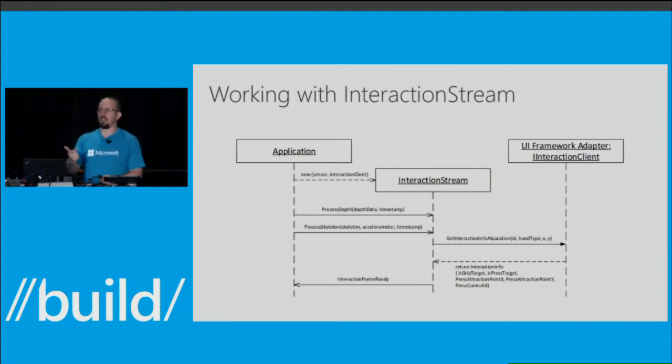Is there a press target there? If it's a press target, what's the center point of that press target? Our framework adapter knows how to animate the cursor to have that centering effect as we push in. So it returns that info back, and then you get the callback to your application, interaction frame ready, and you can respond to that.